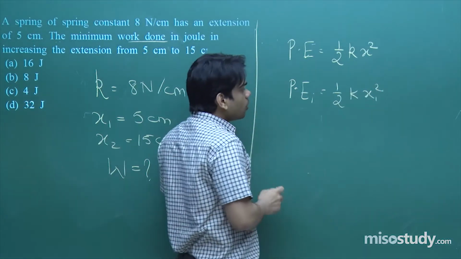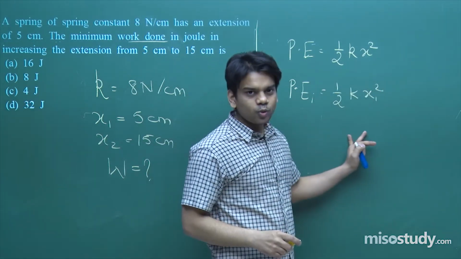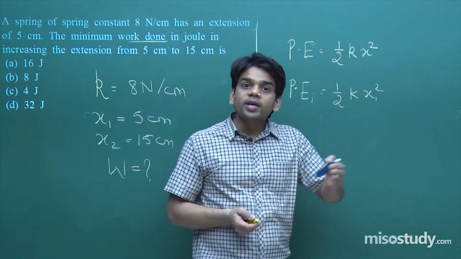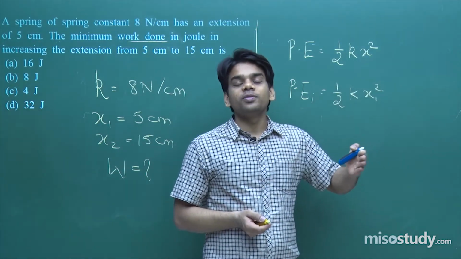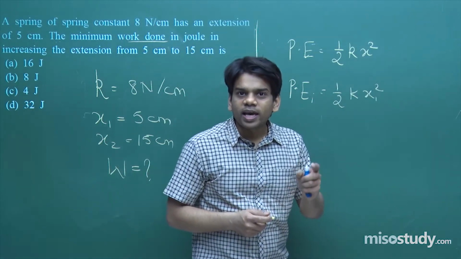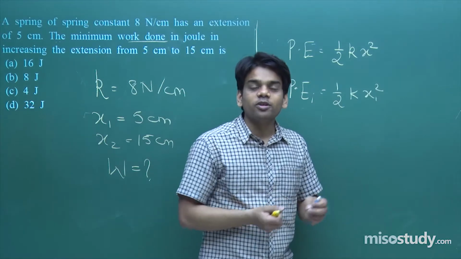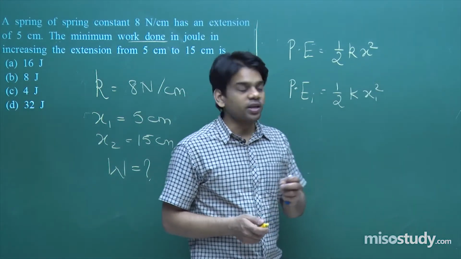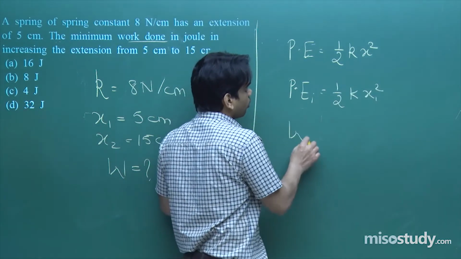This is what we know. Potential final will be half k x2 square. So what will be the work done? Since there is no gain in kinetic energy, whatever work you are going to do, that will be used in increasing the potential energy of the spring. So work done will be what?